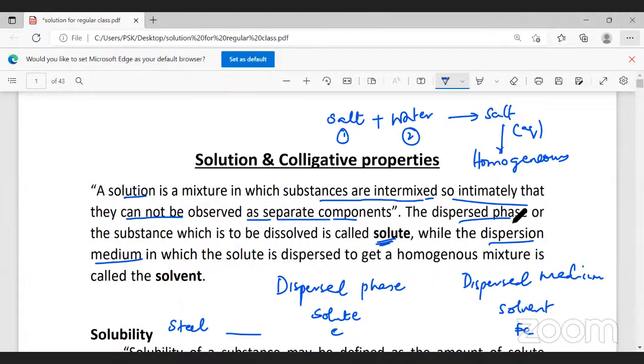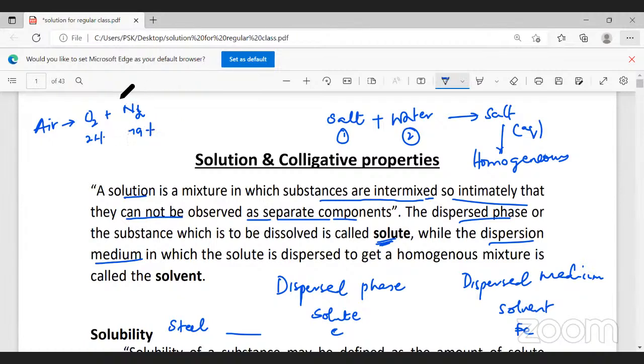Now, one more example, if we take the atmospheric air, this atmospheric air is made of what? Different gases. What are the major gases? Carbon dioxide, oxygen, nitrogen. Majorly, it is around 21% oxygen and 79% nitrogen.